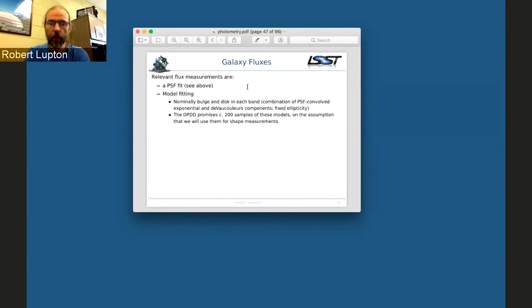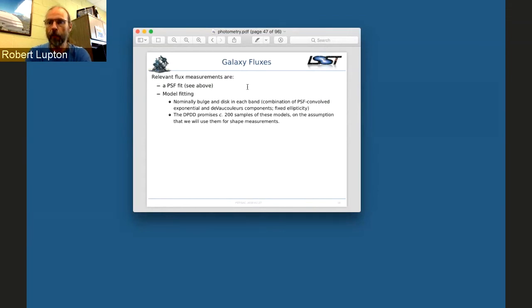This was designed when it looked as if state-of-the-art for shape was going to be something like Lance Miller's LensFit code. I don't believe that's true anymore. I'm not a weak lensing expert. There are too many scary people who do that, but I do follow the field.